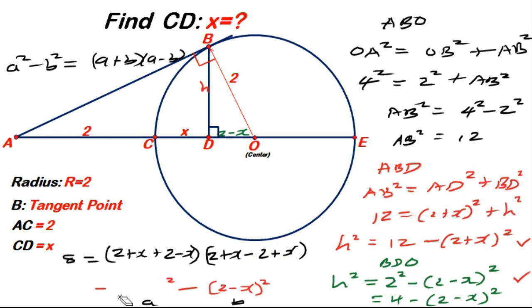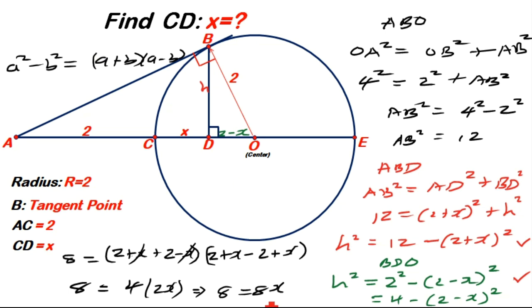Now, having done that, what do we now have here? This is 8 equal to 2 plus 2 is 4, plus x and negative x is going to cancel out. Then 2 minus 2 is 0, plus x is going to be 2x. So this means that we have 8 equal to 4 times 2x, which is 8x.